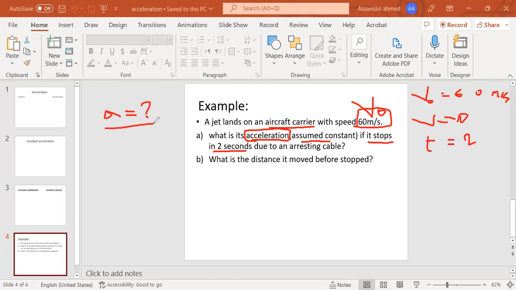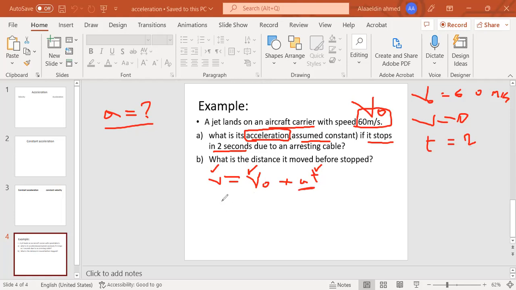Okay, the required thing is acceleration. If we take the law v equals v naught plus at: v, the final velocity, is known. V naught, the initial velocity, is also known. T is known, 2 seconds. The only required thing is a, so we can find a from this equation.